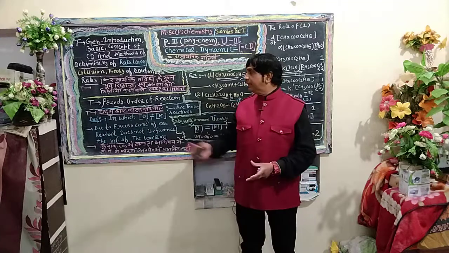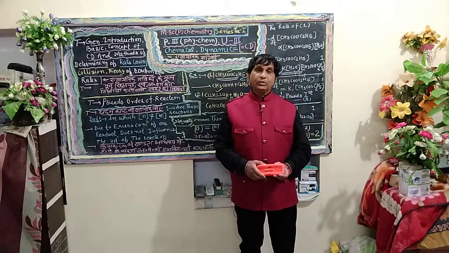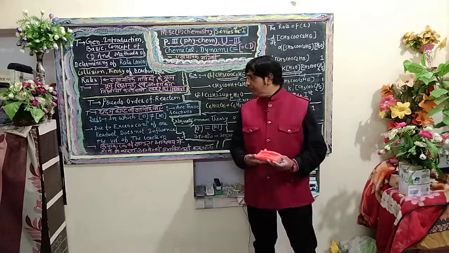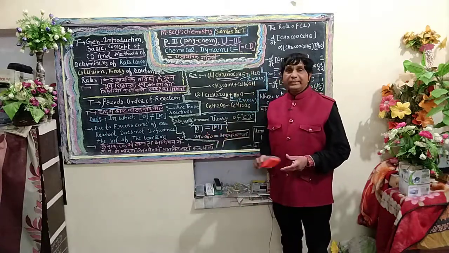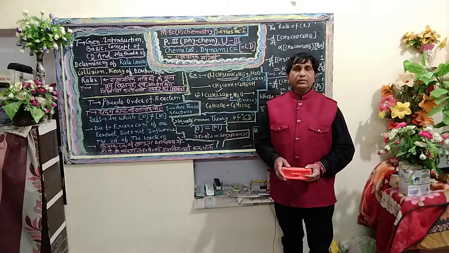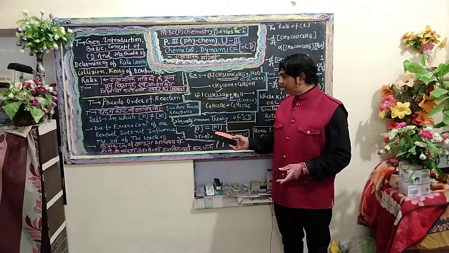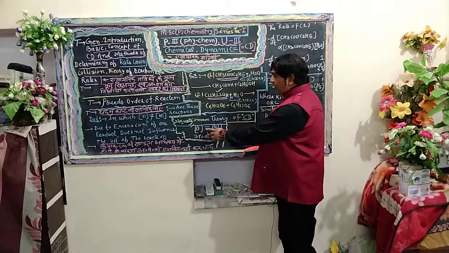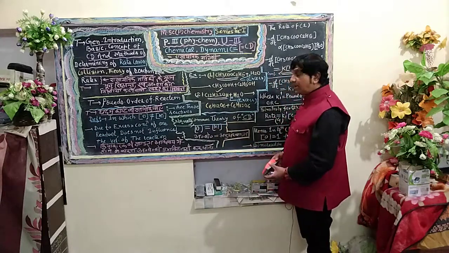In other words, pseudo order reactions are those reactions in which order of reaction and molecularity are different here. This is the normal concept regarding order of reaction and molecularity that I have mentioned on the blackboard. Normally, according to the fundamental theory, order of reaction and molecularity are the same.